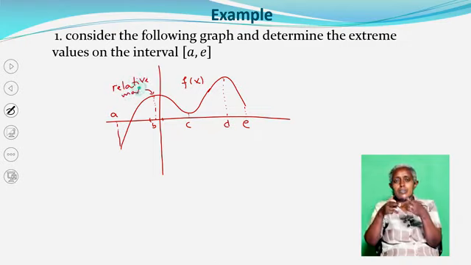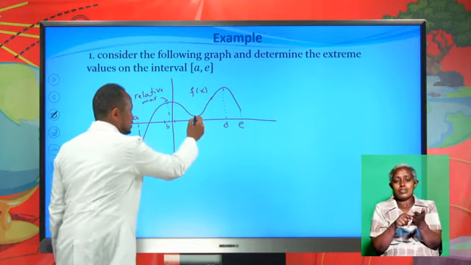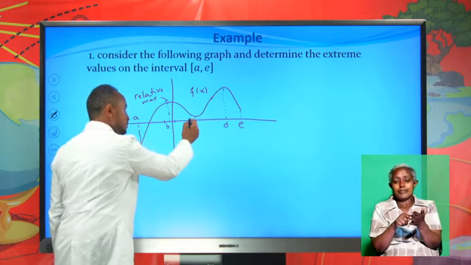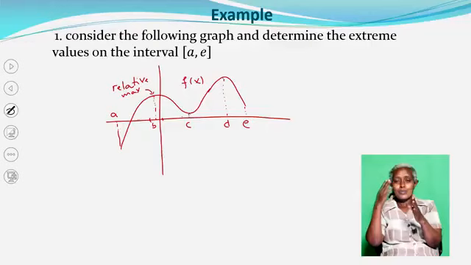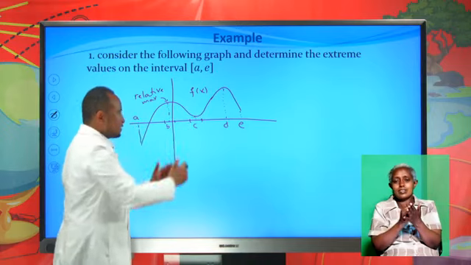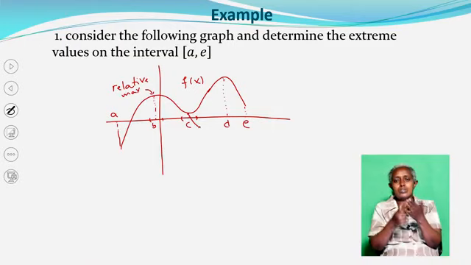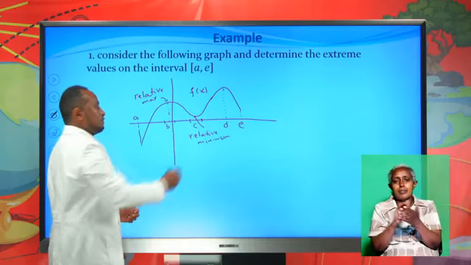This is a relative maximum point. Okay, when you see this point, for some open interval around C, the functional value at C is this. It is smaller than all members of this interval. Therefore, this point is a relative minimum.